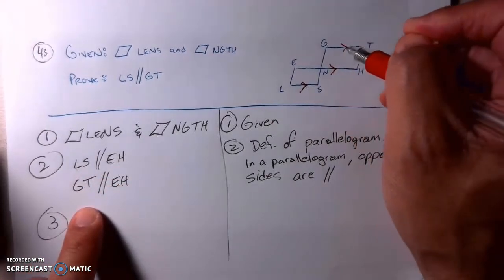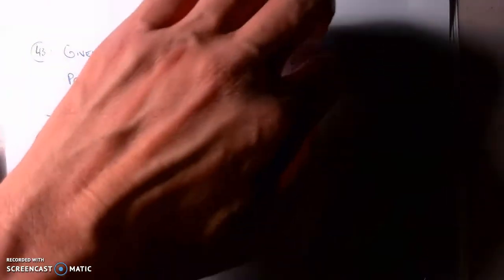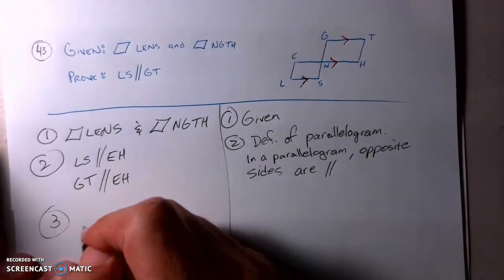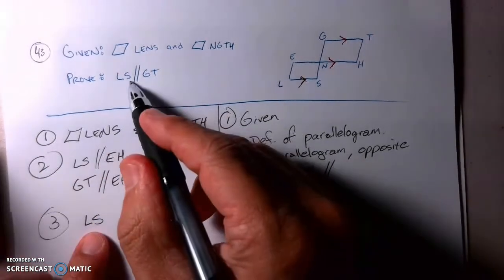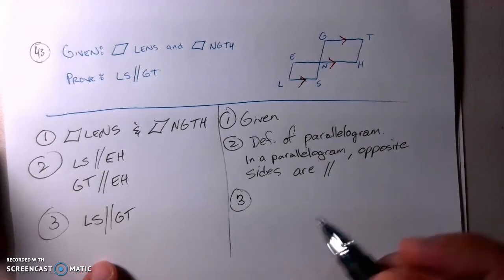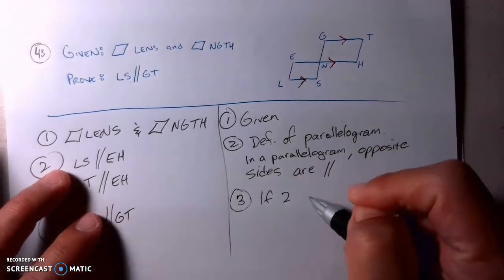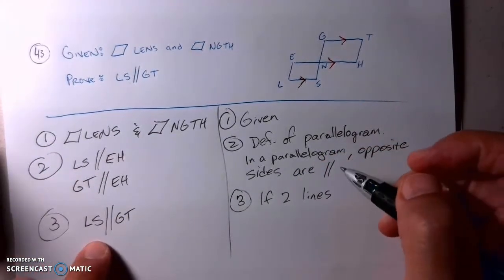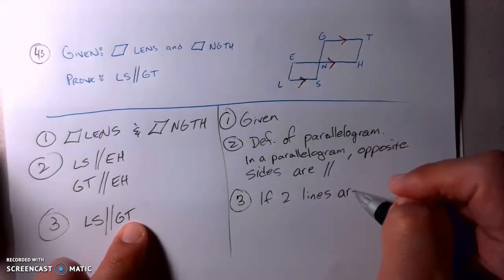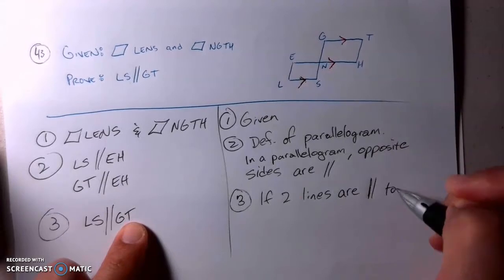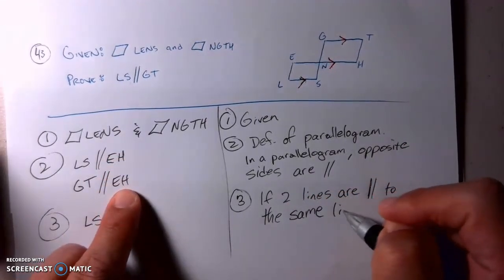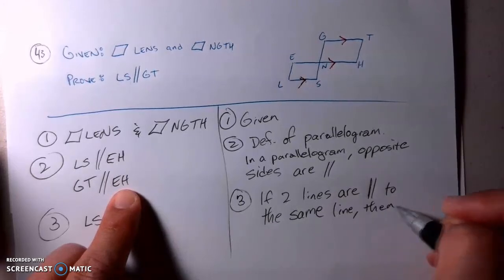Seems to reason that the bottom would be parallel to the top, almost by substitution, but it's not quite substitution, because substitution implies equal signs. But we're just going to spell out what we're thinking here. The bottom line, LS, is parallel to GT, and instead of saying substitution, we're going to say if two lines, and those lines are LS, the bottom, and GT, the top, are parallel to the same line, which is the middle line, EH, then they are parallel to each other.